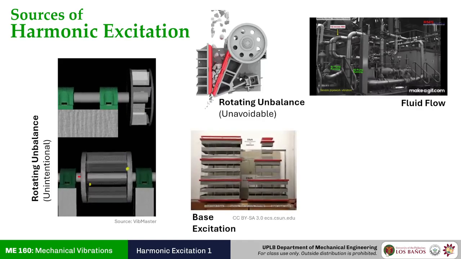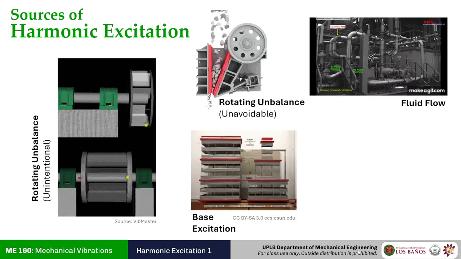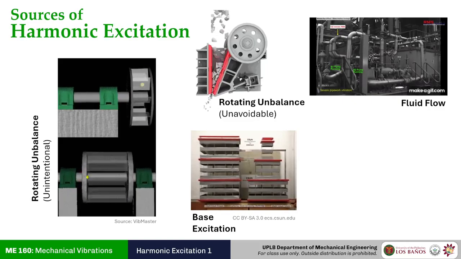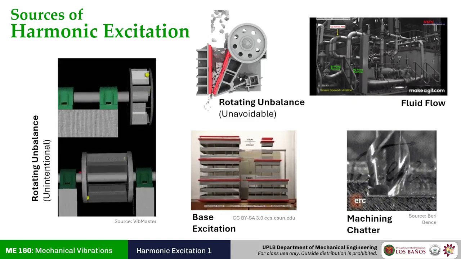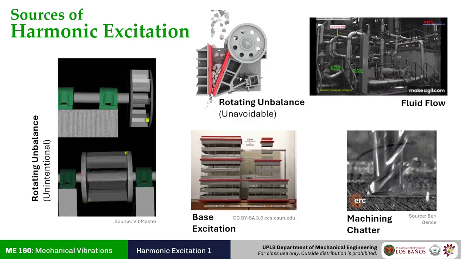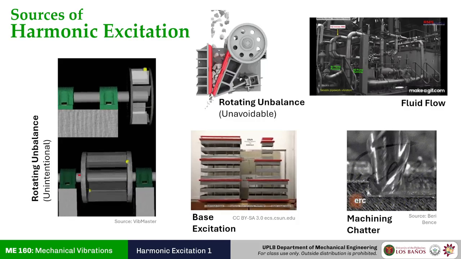Another source of harmonic excitation is the ground or your factory floor. Vibrations can travel through the floor, and it can disrupt mounted systems. It can disrupt buildings and structures, hence why we build protections for our high-rise structures. Another surprising source of harmonic excitation would be machining chatter.